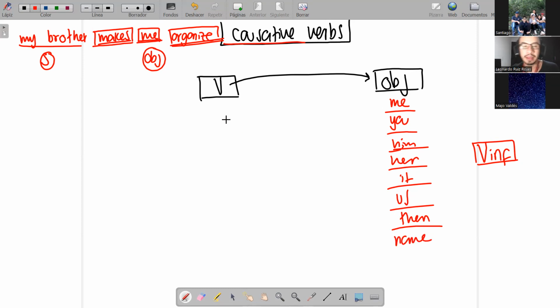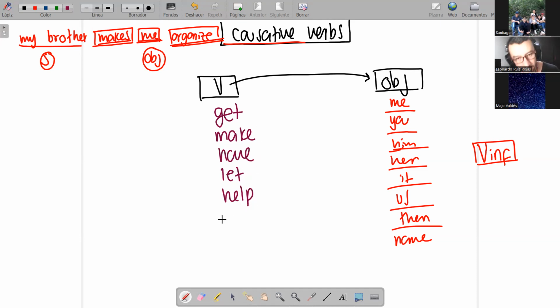The verbs that we can have here are not so many, only some. The first one is get, probably the most common one. The second one is make. The third one is have. Then we also have let, and help, and want.